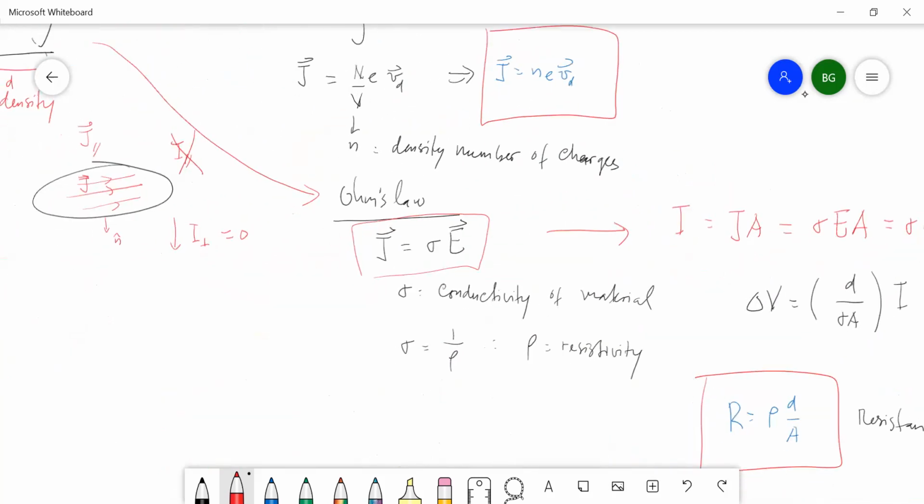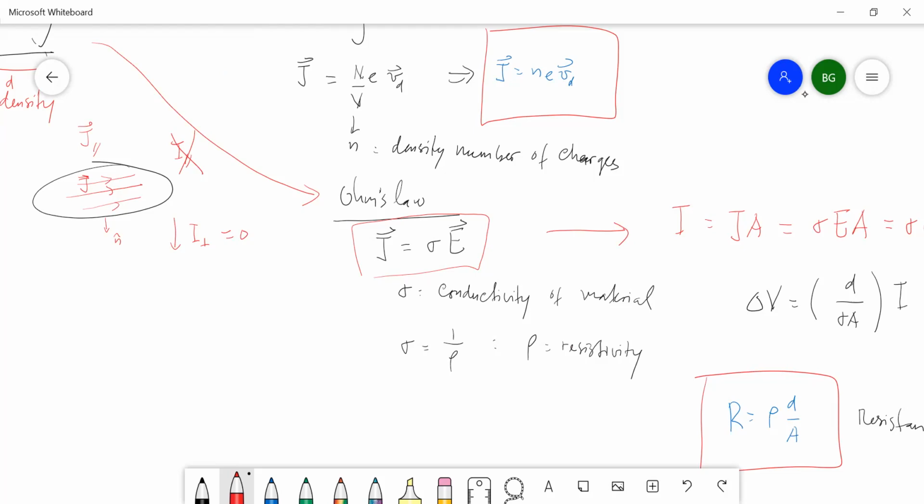We have also discussed Ohm's law. It states that the current density is proportional to the external electric field. The exact form is J equals sigma times E, where sigma is the conductivity of the material.